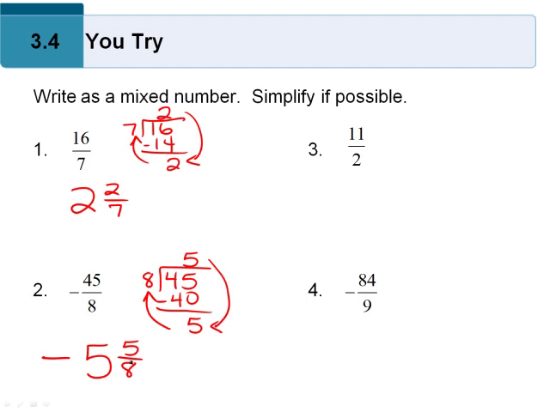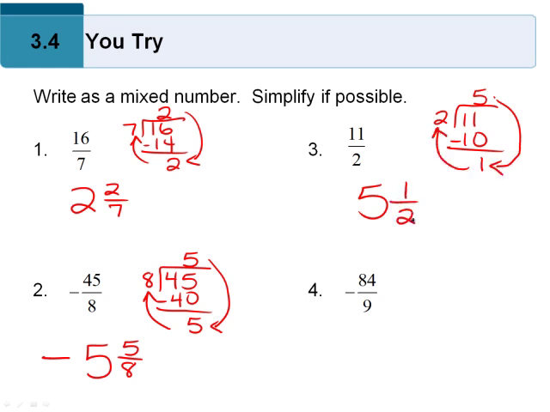Okay? Number 3, 11 over 2. So you divide 11 divided by 2. 2 goes into 11 5 times. That's 10, and that leaves 1. So we start at the top, 5, and work your way around, and 1/2.